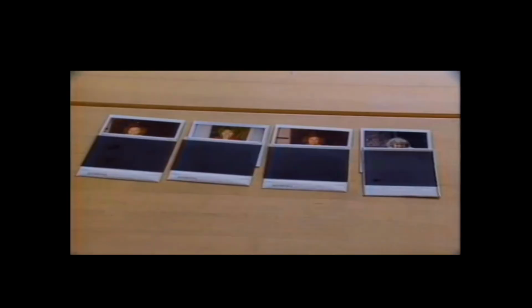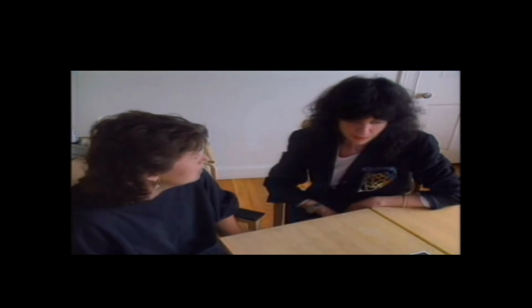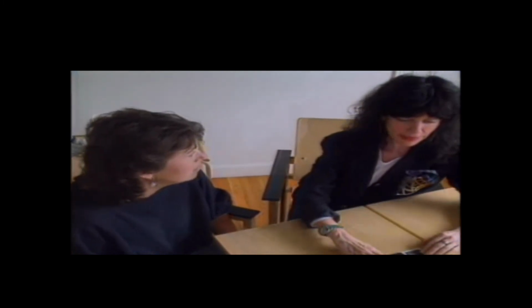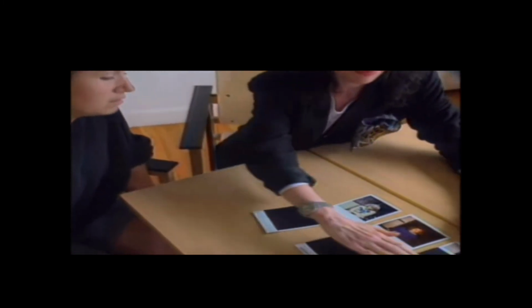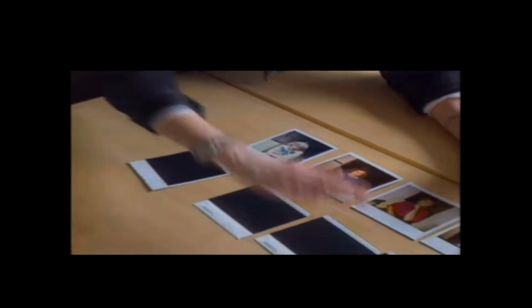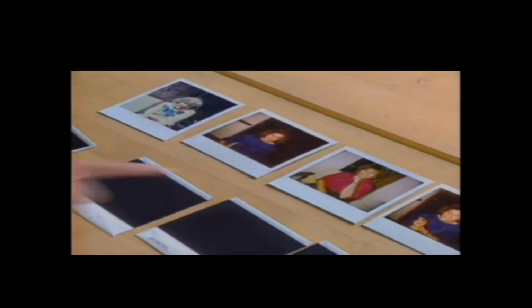If you had to guess, which looks to you the most like your mother? None of these really look like your mother to you. No. If you just cover up the face and I just look at the clothes, I can tell you. Okay, I'll uncover them so you can see what they're wearing and other parts of the picture. And see, that's her, because of the pink and purple shirt. You recognize the shirt.